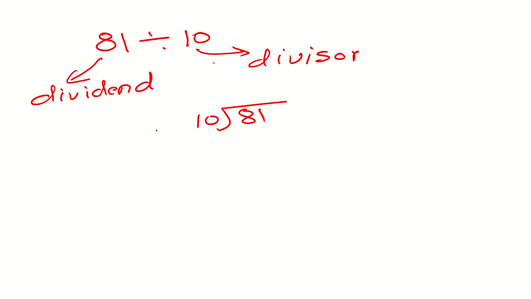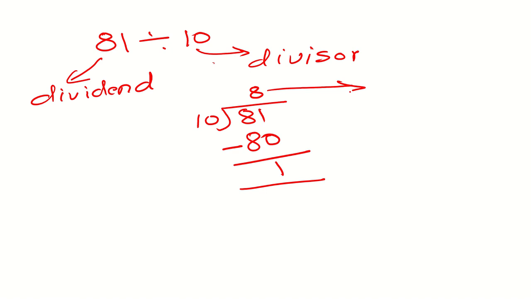It is the same. Now when you divide this, I'm sure you know the long division process, so I'm doing it quickly so that you can understand the terms I want to explain. How many groups of 10 can you make from 81? You can make 8 groups. 10 times 8 is 80. When you subtract it, 1 is left.